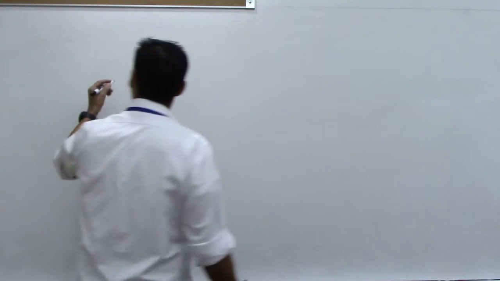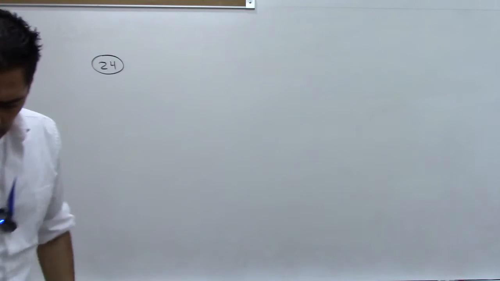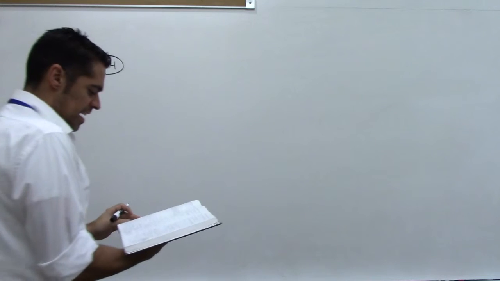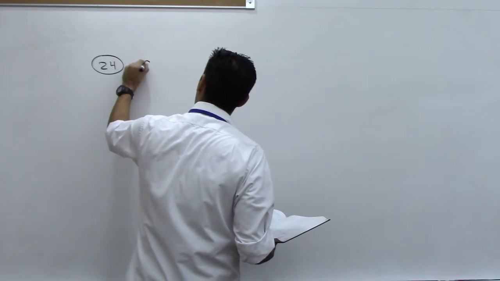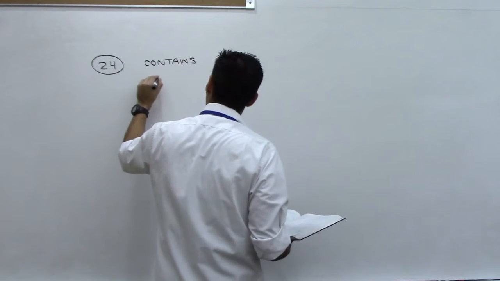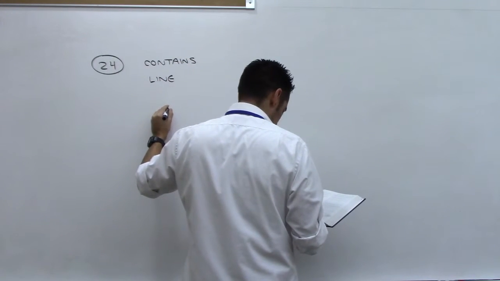24. So find the equation of the plane that contains the line, and they give it to you in parametric form.